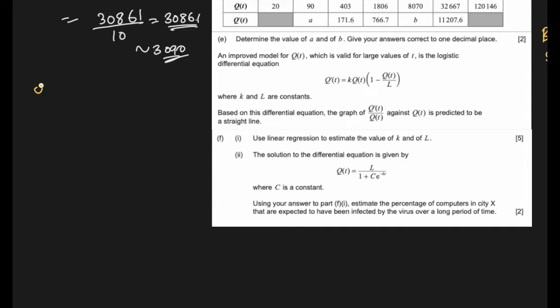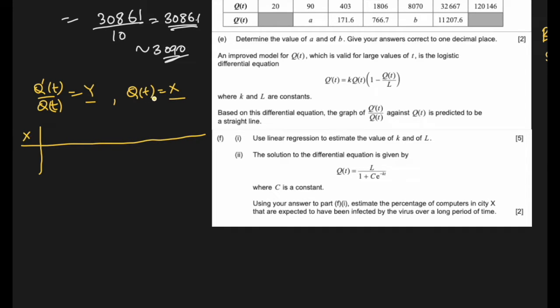It means Q'(t) over Q(t) is the dependent variable, let's call it capital Y, and Q(t) is the independent variable x, predicted to be a straight line. Use linear regression to estimate the values of k and l. So we again have to use linear regression, but for that first we should know the values of x and y. So let me make a table here.